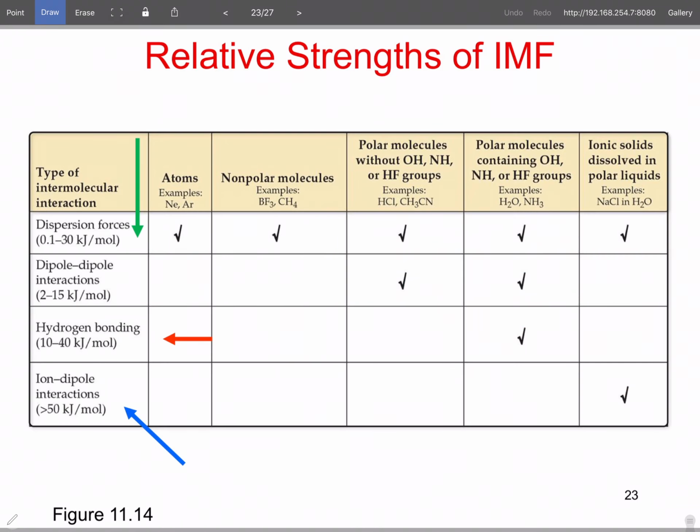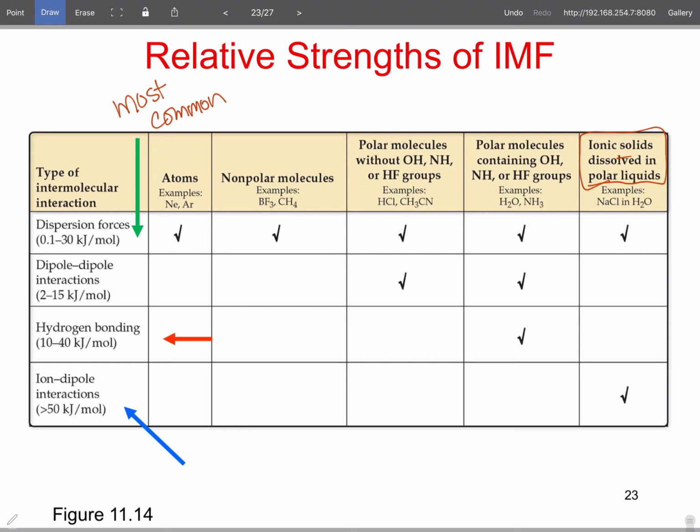All right, now this is one of my favorite slides because it puts it all together. Okay, dispersion forces, or London forces, as I like to call them, are the most common. And if you'll notice, everything has them. And be careful over here because this is ionic solids dissolved in polar liquids. This is just not ionic salts.